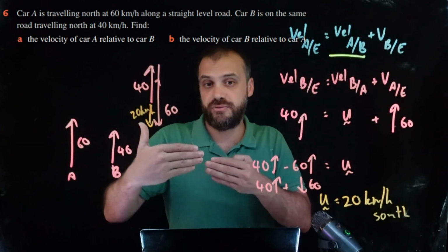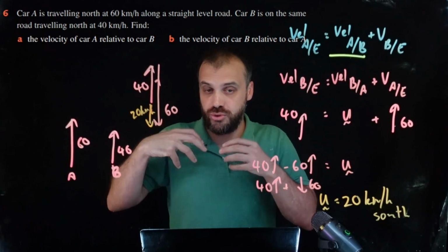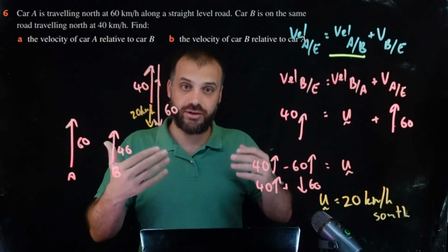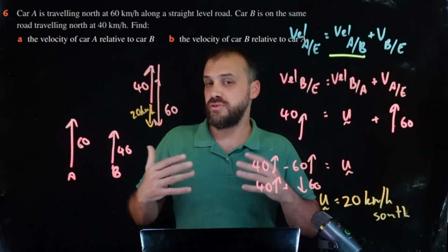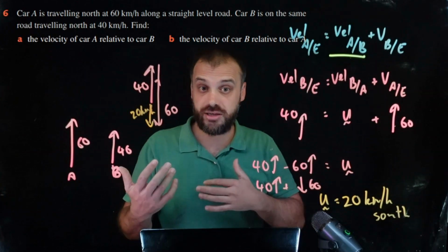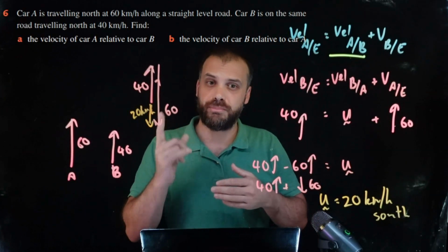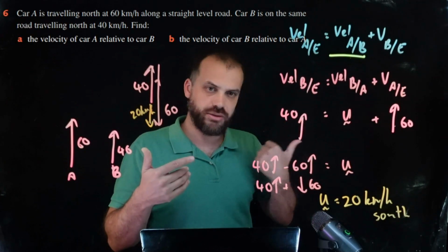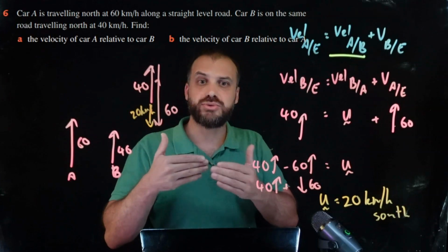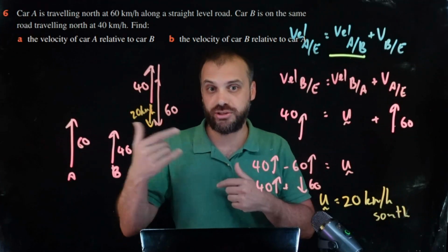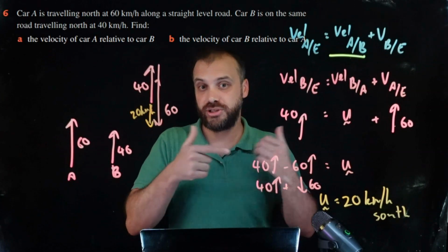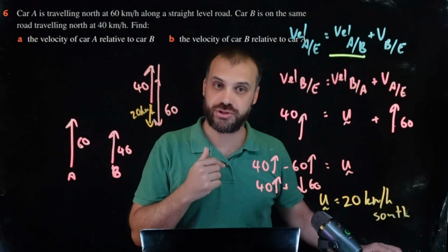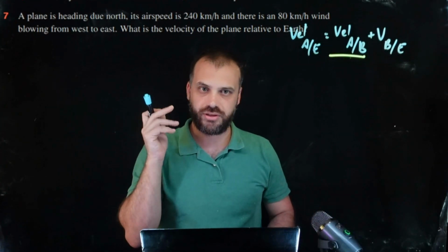You're getting away from car B, but from your perspective in the car, B is going backwards away from you at a rate of 20 kilometers per hour south. If you've ever been in a train and it feels for a moment like instead of the train moving, the platform is moving, that's what's going on here. The platform relative to you is moving backwards. You relative to the platform is moving forwards. Okay, that's that question.